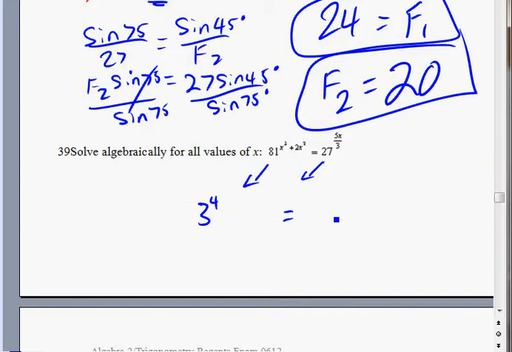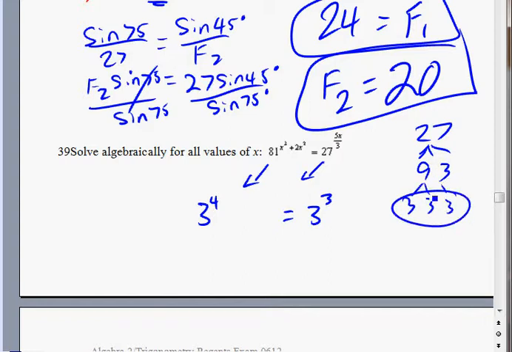And 27, you could write as 3 to the 3rd power, okay? And if you have trouble finding this, just do a factor tree, prime factorization of 27. For example, that's 9 times 3, 9 is 3 times 3, well that's 3 times itself 3 times, so it's 3 to the 3rd power.